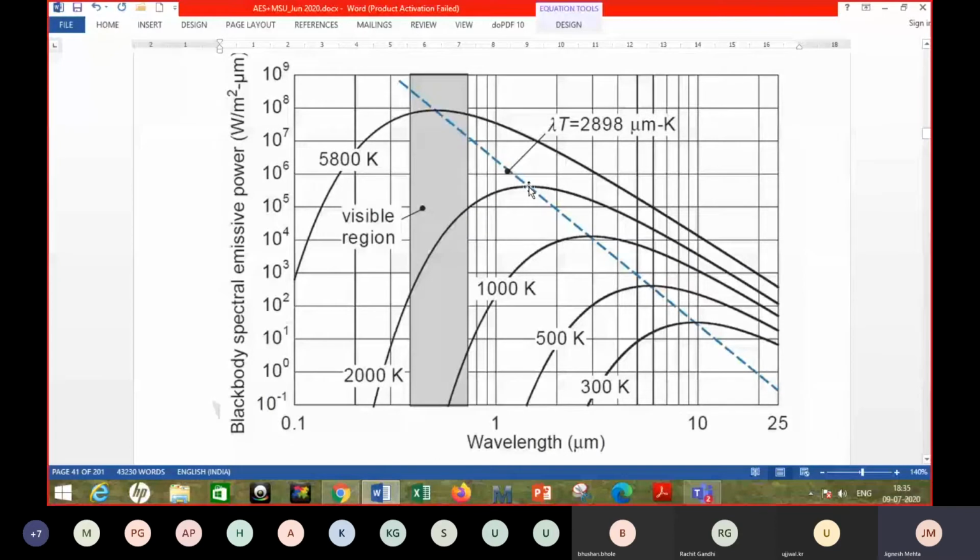So that peak shifts. The peak is lower, that is one thing. Second, it shifts to the right hand side. It means that the wavelength at which the peak will occur will be at a higher wavelength. So that is an important thing to be understood.